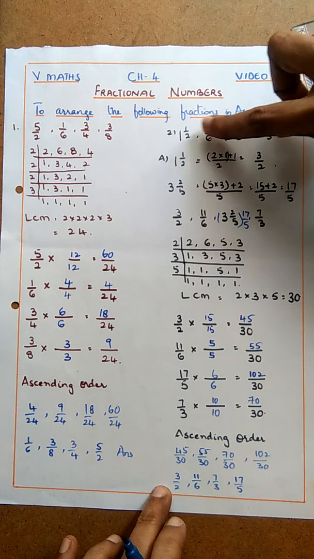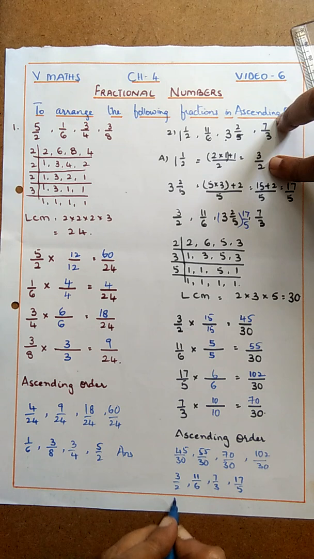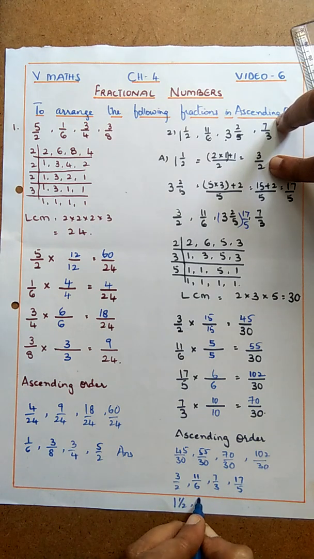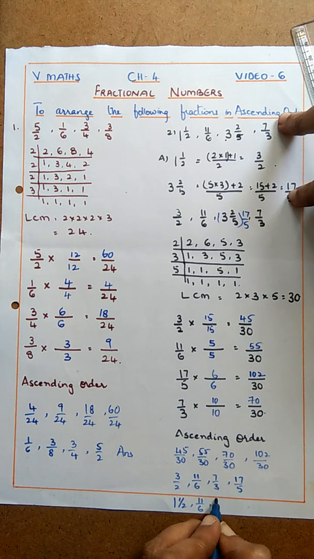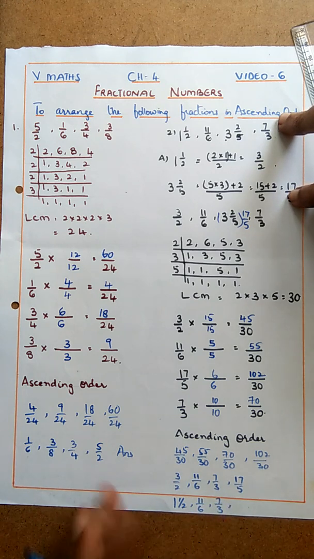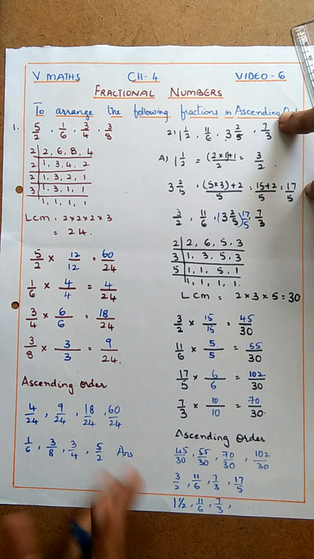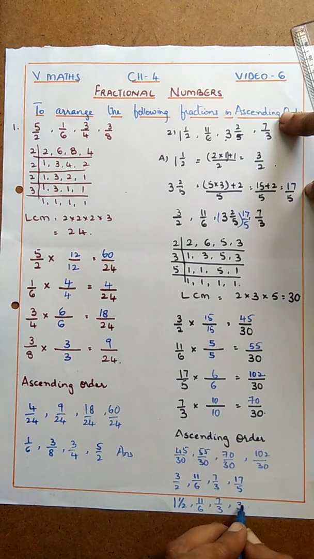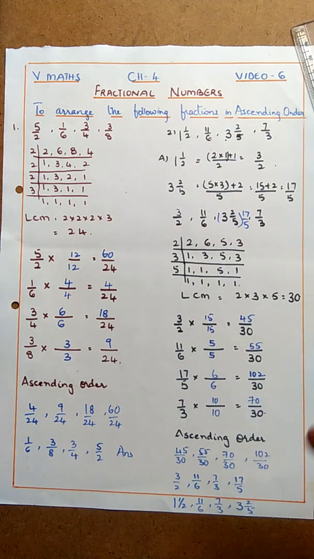Here 3 by 2 represents 1 1 by 2. 11 by 6 as it is given, and 7 by 3 as it is given, and 17 by 5 we have converted from 3 2 by 5. So this way you can write the ascending order of the set of fractions.